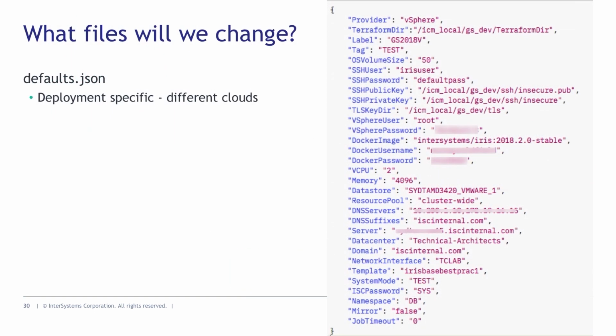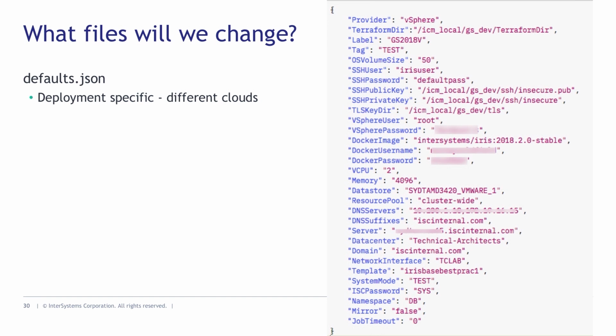So what files will we change? There's an order of precedence as far as these files go. The defaults.json is what it sounds like. It's defaults. So these are things that generally describe your environment. And these will be different depending on where your target is. The vSphere one looks quite different than the AWS one or the Azure one.